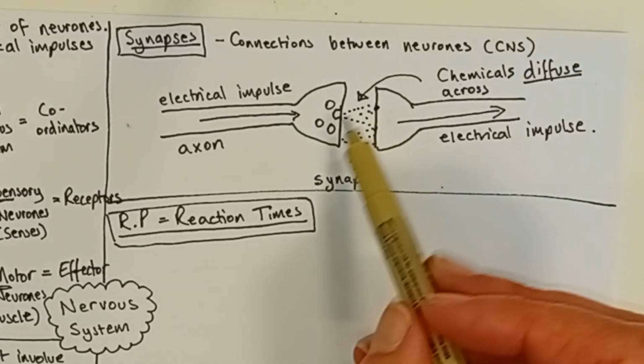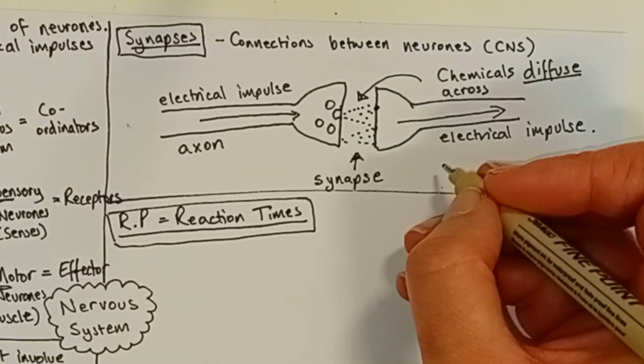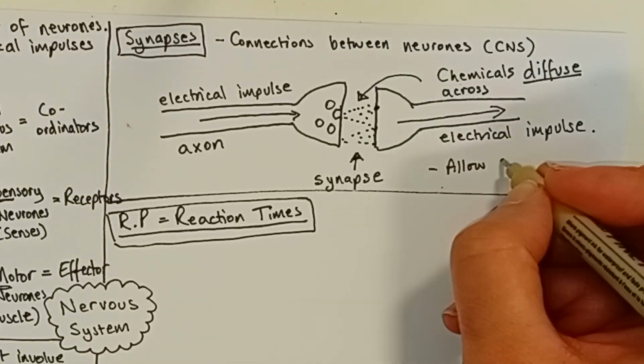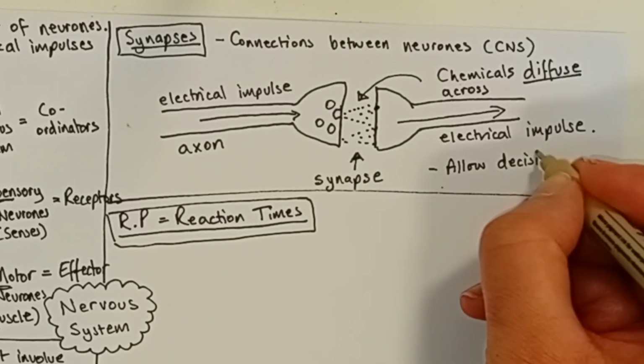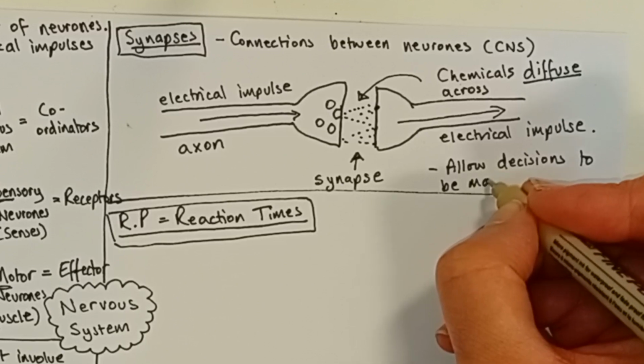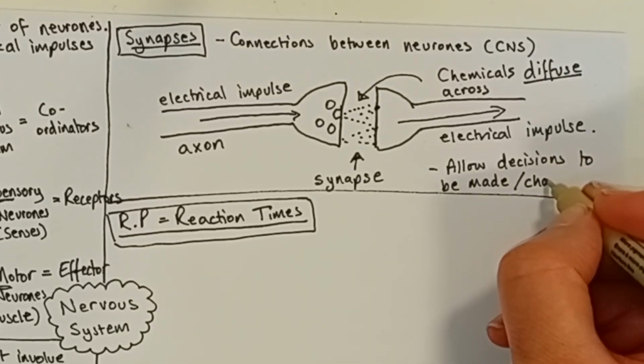These gaps are important because they allow decisions to be made in the central nervous system. And we can change reactions.